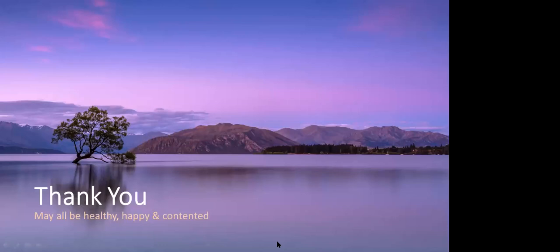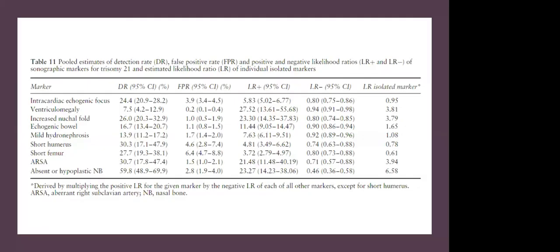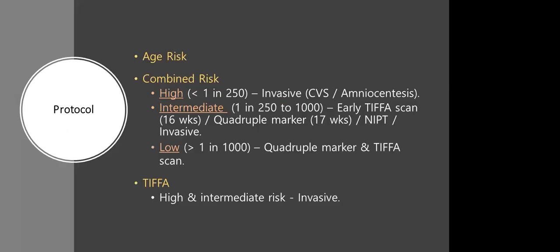No, actually, intermediate risk at what level? At the level of nuchal scan, combined risk, or at the level of TIFA risk? At the level of TIFA scan. Okay, so we have to divide between them. If the TIFA scan intermediate risk is coming, then we don't have any option left.